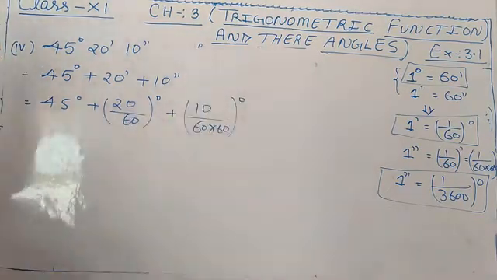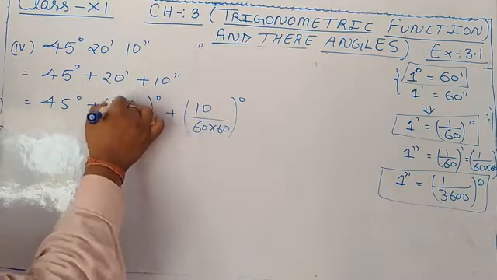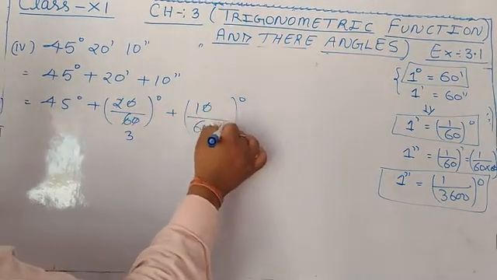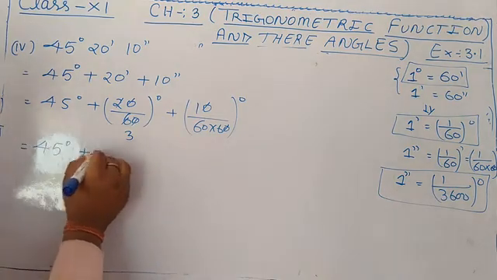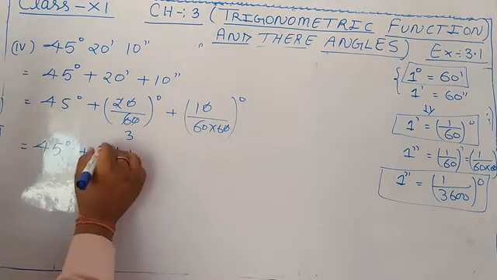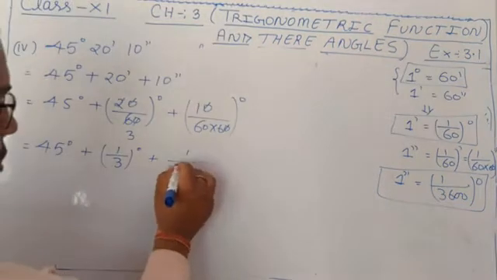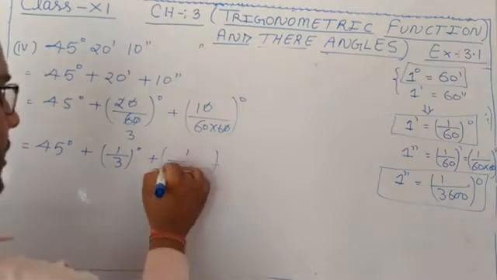Convert in the form of degree form. 0 0 cancel. 2 3s are 6. 0 0 cancel. 45 degree plus 1 by 3 degree plus 1 upon 360 degree.